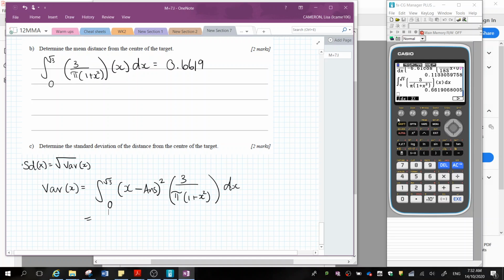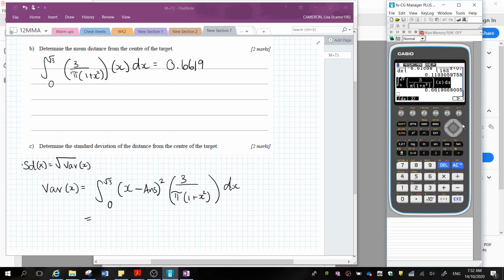Okay, so back up here, we're going to adjust our formula. So I'm trying to get away with not having to do the whole thing again. Let's see if this works. Okay, so minus shift, enter.